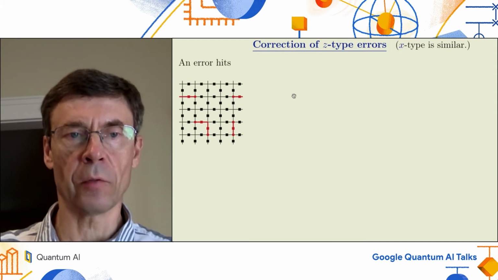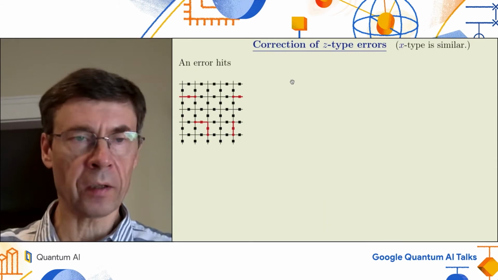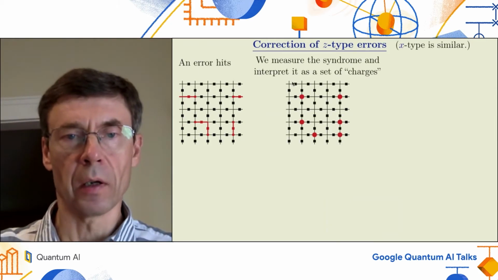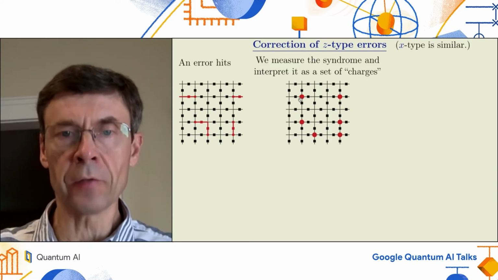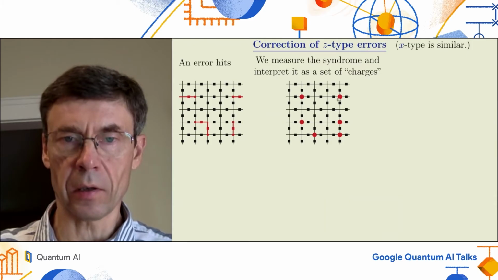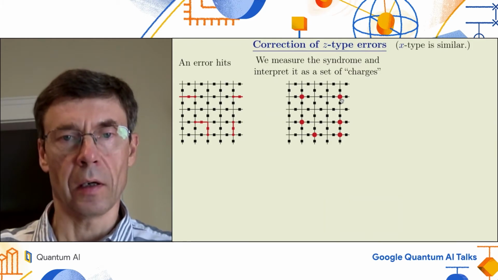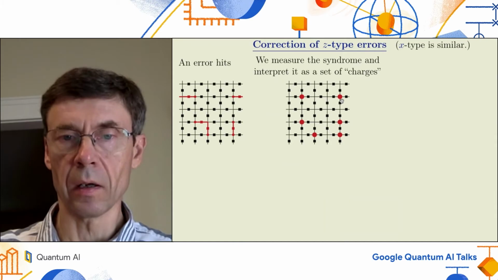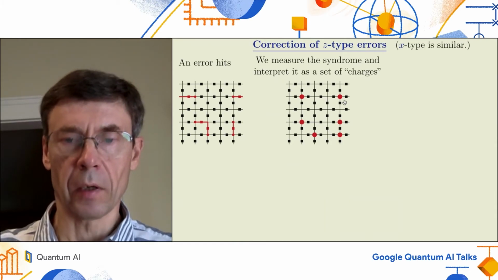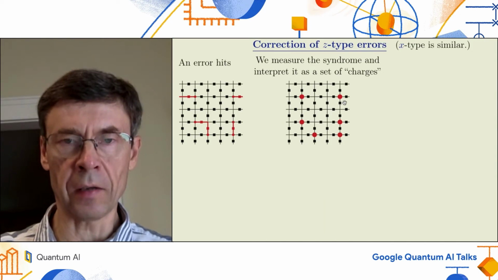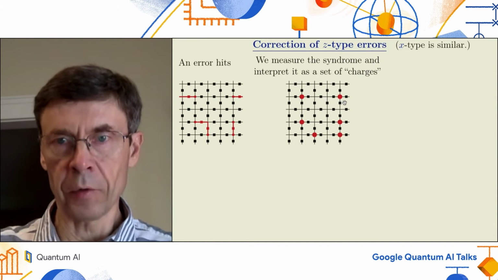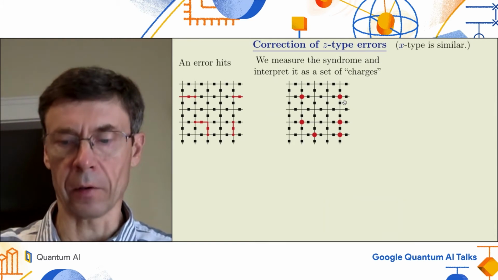We draw them as a set of edges, but in fact, errors are invisible. What we can see and measure is the syndrome. The syndrome is a set of locations, those red dots, and we call them charges.